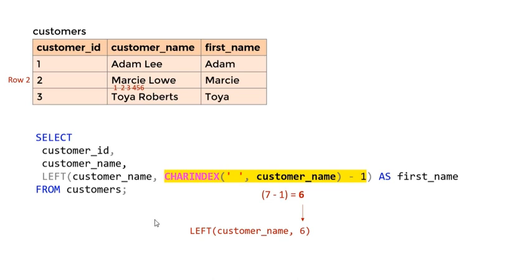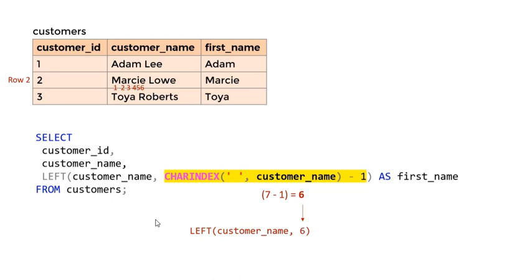How to get the first name? By using the left function, you can separate the first name. Left function syntax, what is that? Customer name and char index, and here -1 you have to use.